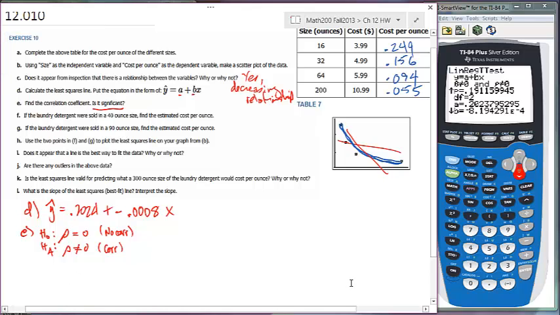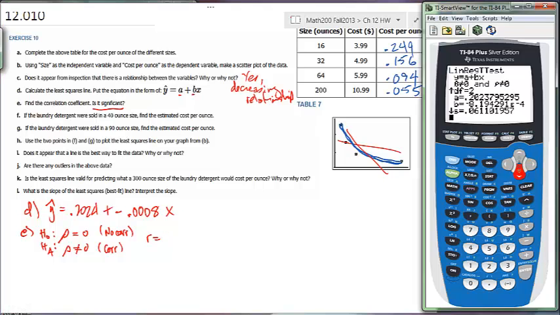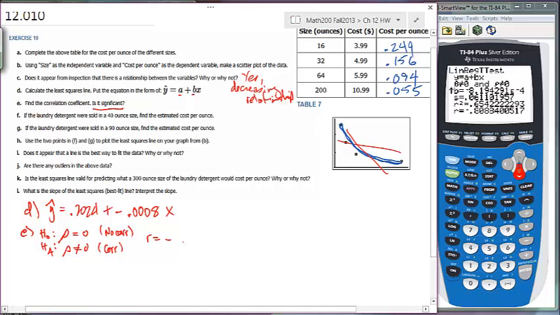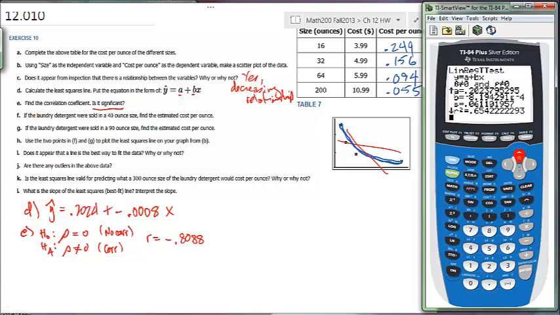Well, in our LinRegTTest over here, if you arrow down, the very last option is your r, and that is in fact your correlation coefficient. So that's negative 0.8088. Let's call it negative 0.88, your correlation coefficient. Let's scroll back up.